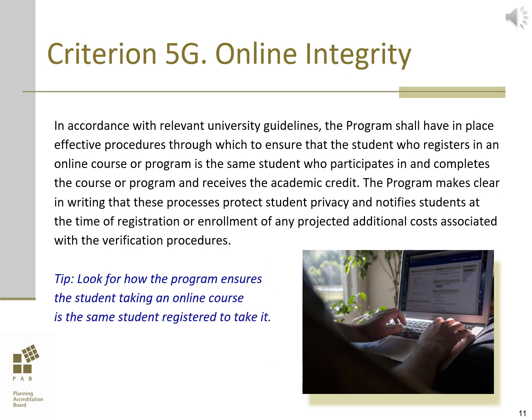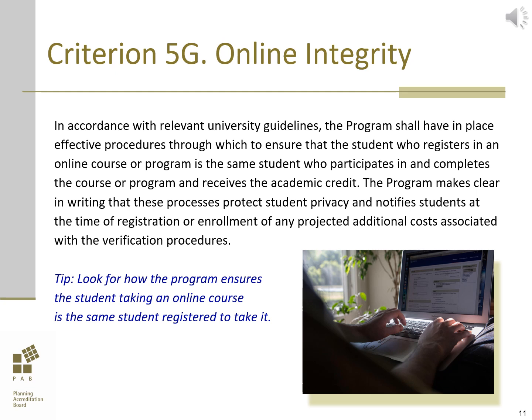Online integrity is the 7th criterion within the governance standard. Please pause the presentation to read this text. This criterion establishes requirements for programs to verify the authenticity of the students enrolled in an online course or program.